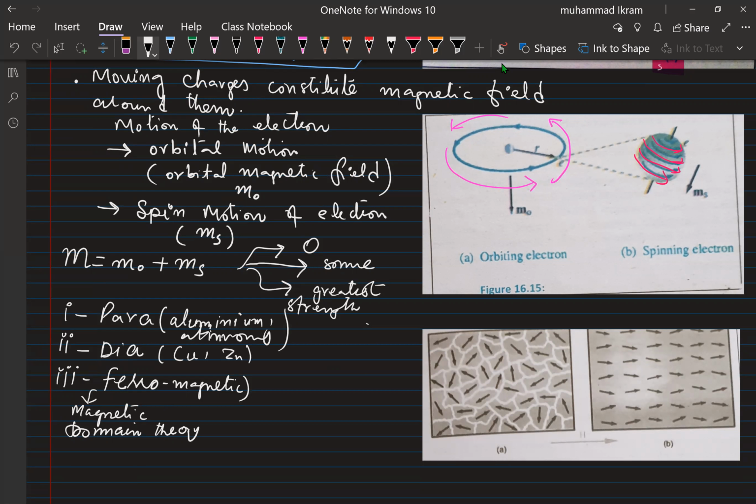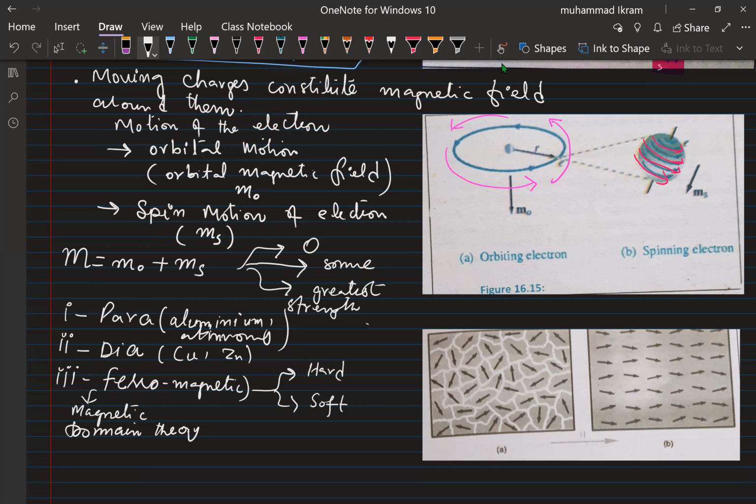For ferromagnetic substances, we have the hard ferromagnetic substances and the soft ferromagnetic substances, and they behave as a magnet even in the presence of a weak permanent magnet. Paramagnetic substances behave as a magnet only in the presence of a magnet.